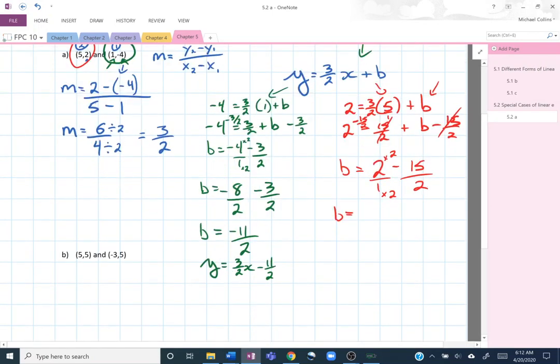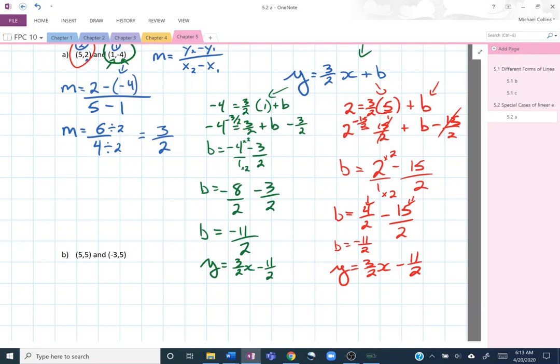And b is equal to 4/2 minus 15/2. 4 is a positive, 15 is a negative. I end up with b is equal to negative 11 over 2. And again, I end up with y is equal to 3/2 x minus 11 over 2. Both of those points are on that line, which means both of those points should solve that equation.